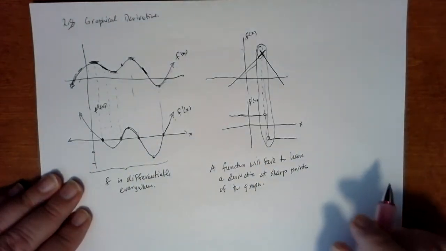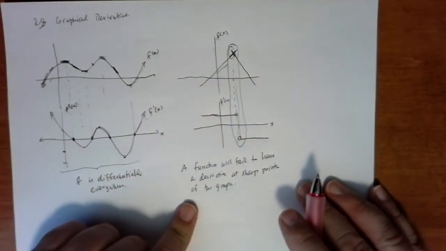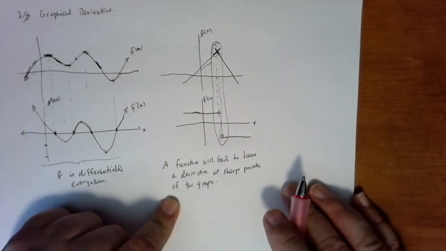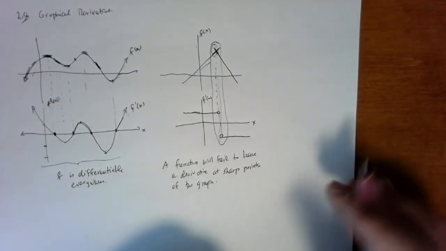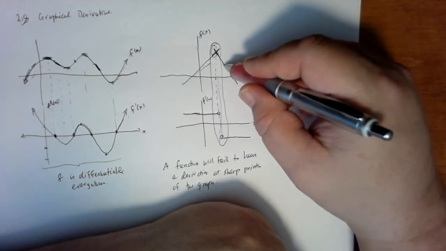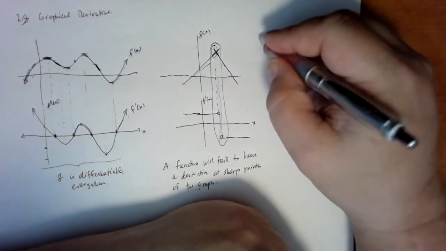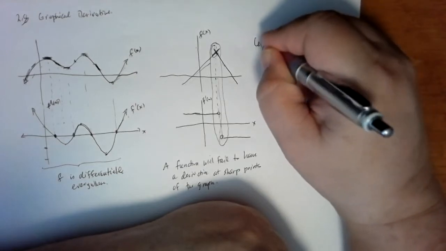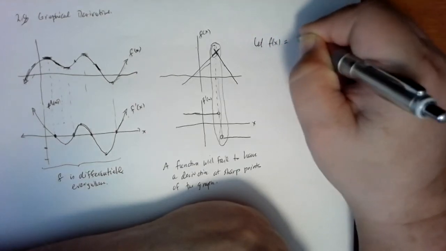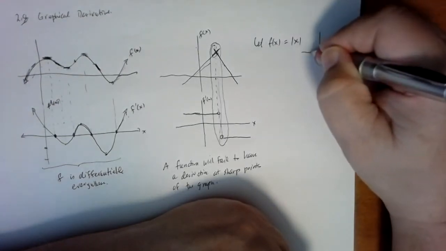Okay, so let's take a look to see how this works algebraically. How would you fail to have a derivative algebraically? We said this was like an absolute value function, so let's actually take a look at the absolute value function. Let f of x be equal to the absolute value of x, and that does have your normal V shape.